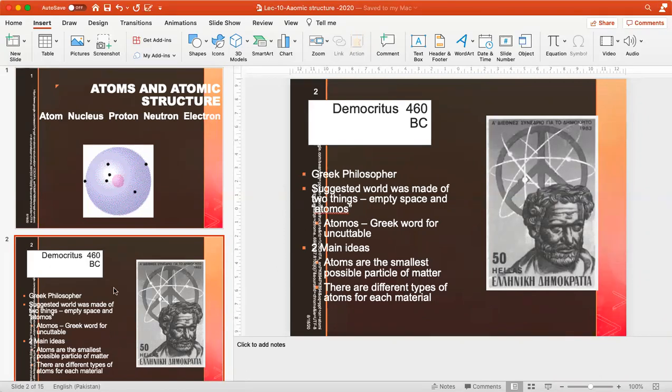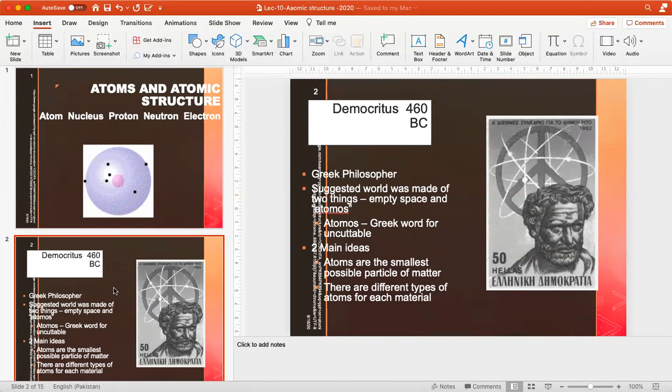The first era or timeline for the atom or the atomic structure is Democritus, 460 BC. Now, he was the Greek philosopher and he suggested that the world was made of only two things. Number one is the empty space, and number two is the atoms.